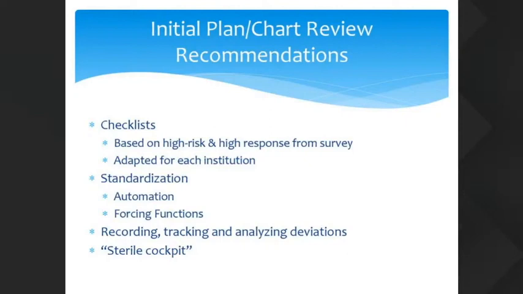And last but not least, this is a big bug of mine, as with every team member, that physicists must insist on a sterile cockpit when you're reviewing a chart or a plan. So many times we get interrupted, and when we get interrupted, there's less attention to the chart check and the plan check, and therefore mistakes can happen.